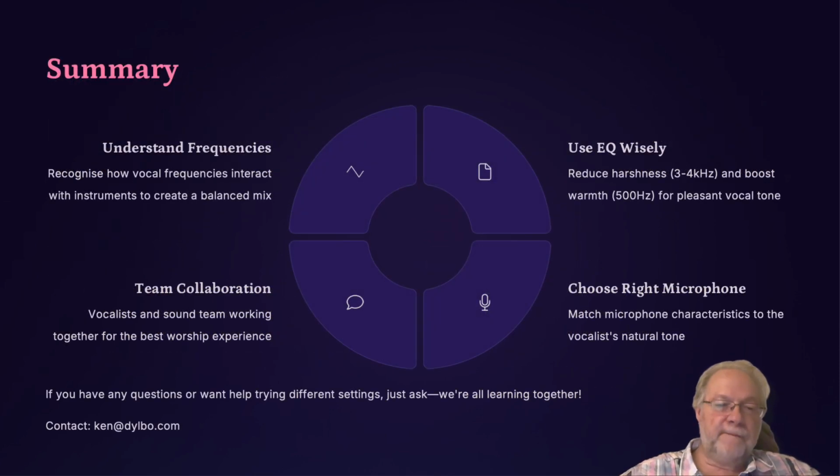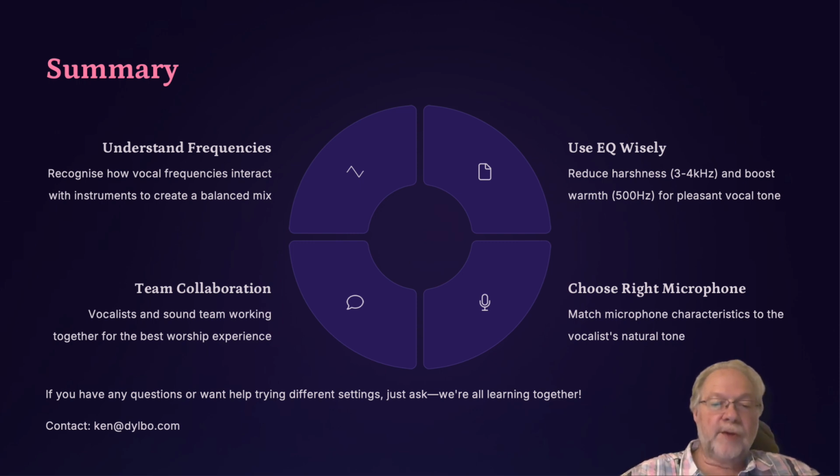So in summary, understanding vocal frequencies helps both singers and the tech teams create a much more satisfactory sound quality in a live service. Use EQ to reduce harshness and boost warmth, using the mid controls judiciously, depending on the nature of the vocal voice, depending on the song possibly, and depending on the choice of microphone.